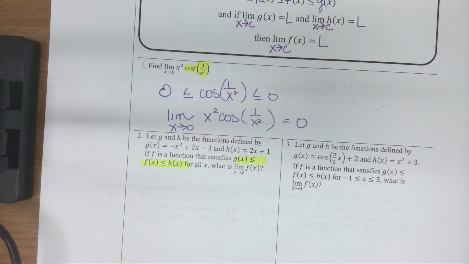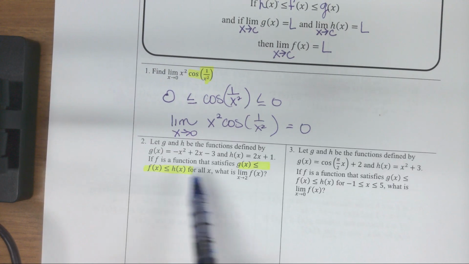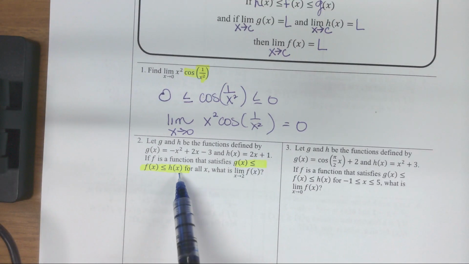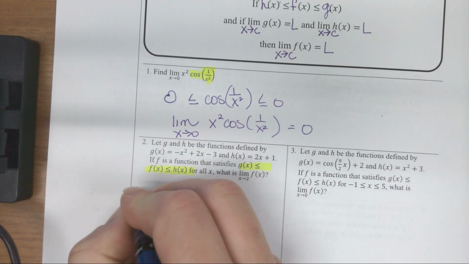Okay, so what I'm saying is, in order for this to work, if I know that f of x is between g of x and h of x, I'm going to find both of their limits.